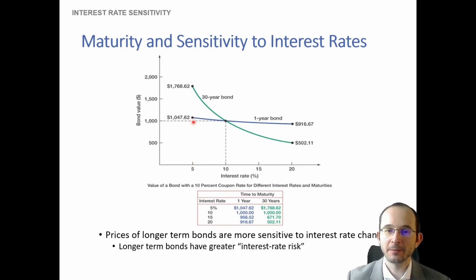And we should get this number, 1,047. Remember, of course, a decrease in interest rates makes both of these bonds actually premium bonds, right? Because now the coupon rate is above the yield.